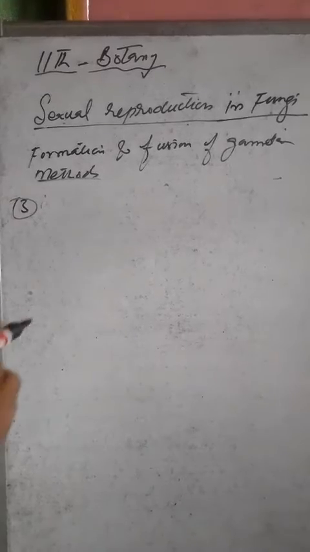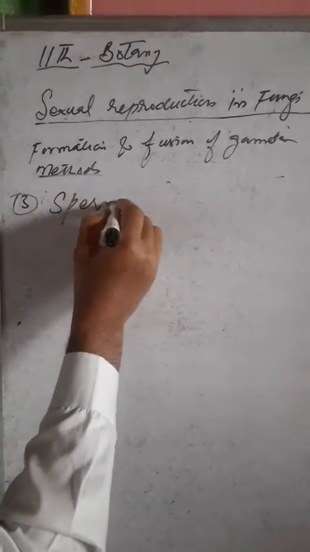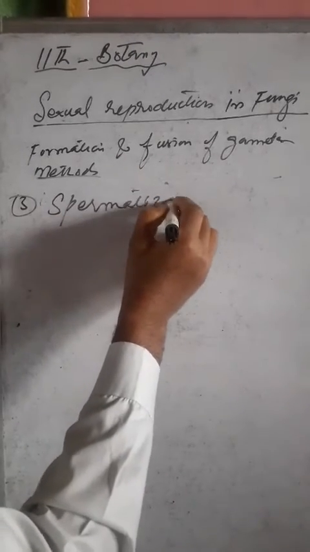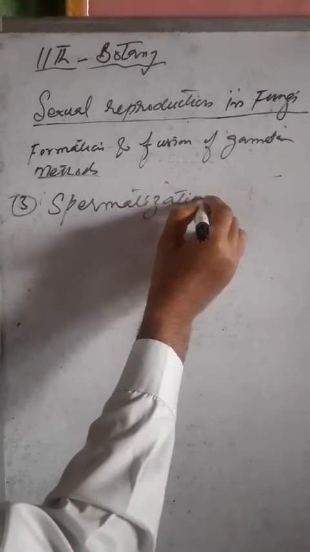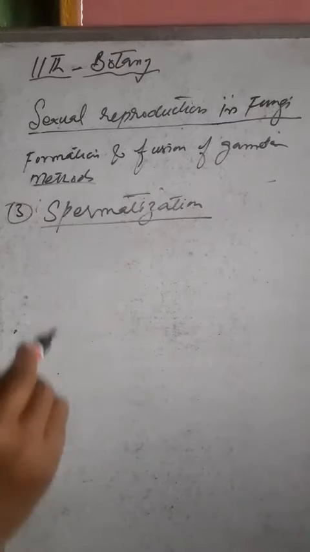Fourth one is spermatogamy or spermatization. In spermatization, in some fungi, what happens?